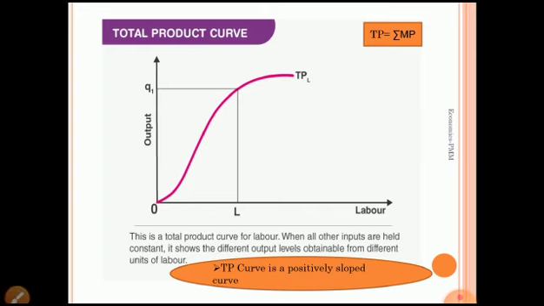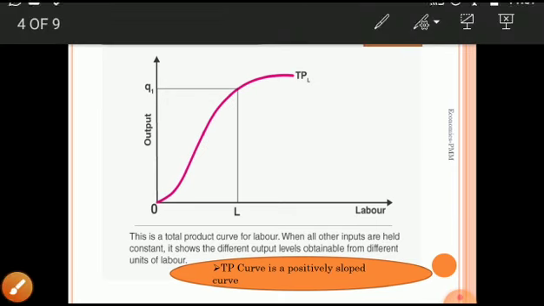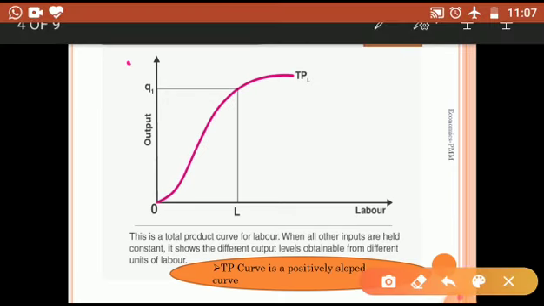You can see here on the OY axis we are measuring output, and on the OX axis we are measuring labor. So the TP curve, initially as we go on increasing the variable factors, goes on increasing. After a certain point, it starts declining.